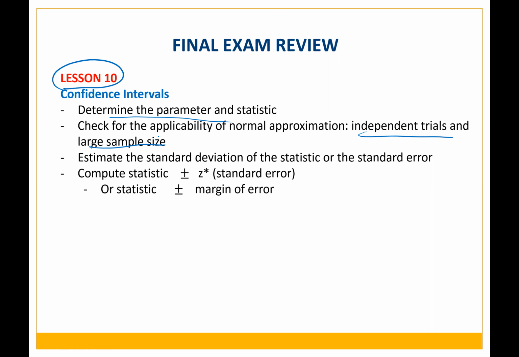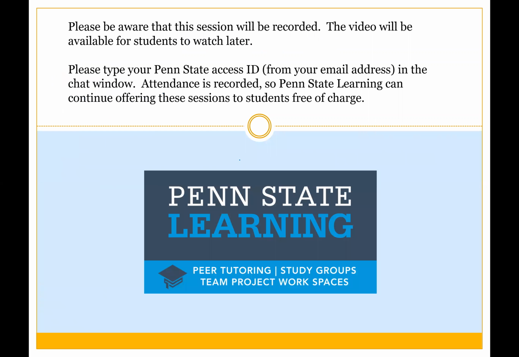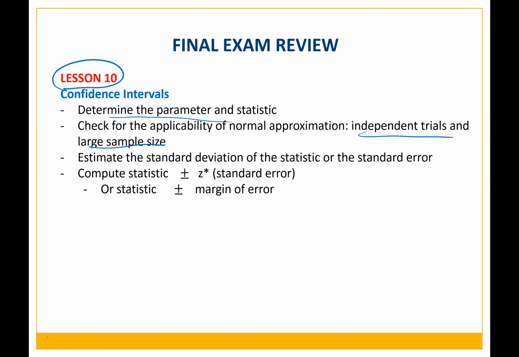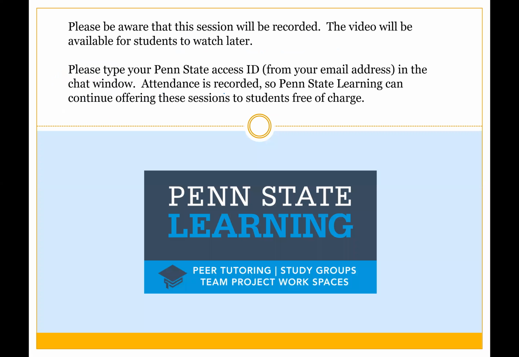Depending on what sample size we use, either bootstrapping or finding the distribution of the mean of the populations, we're going to calculate the standard error. Then we compute the statistic plus or minus Z star times the standard error. In that case, we're going to get the confidence interval for the population parameter.